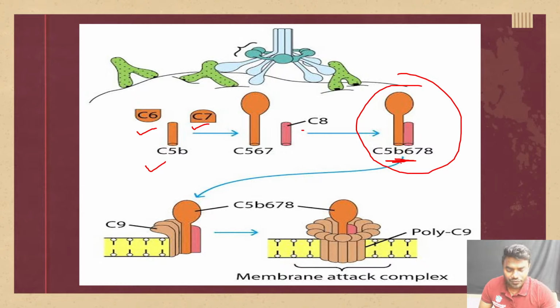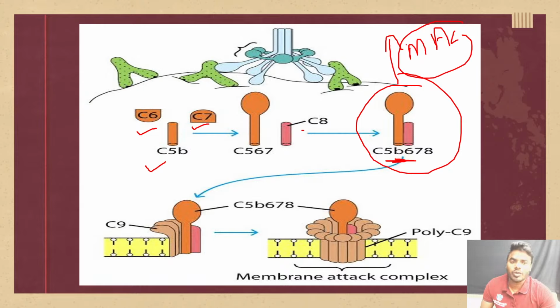Correct? And friends, I have very clearly told all of you what is the ultimate goal of the complement system. I have clearly mentioned that the ultimate goal is the MAC complex. This is also a statement that is many times asked in the part C question.